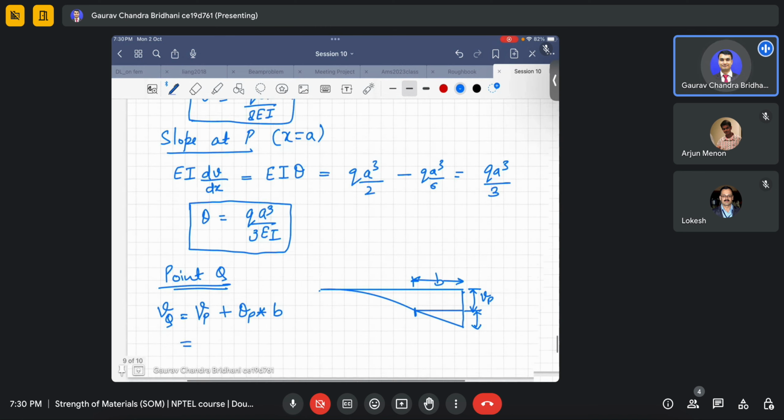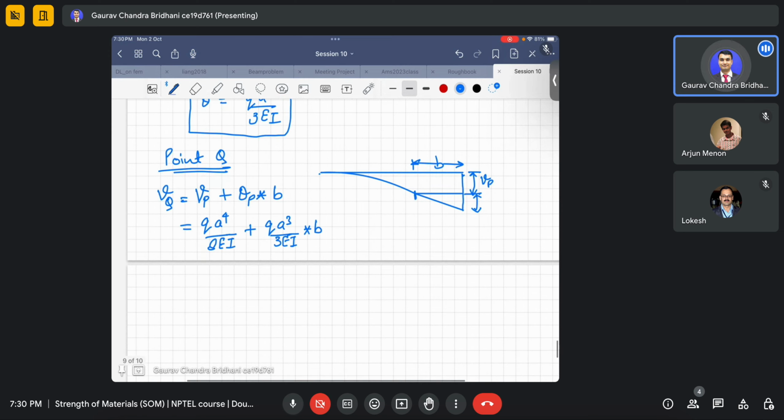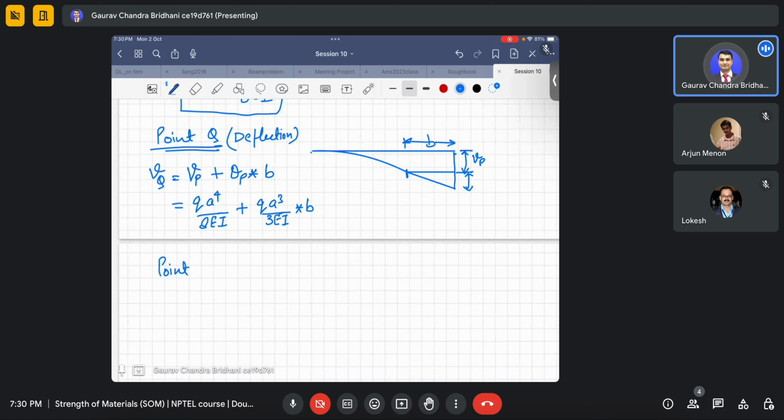VP is already known, Q e to power 4 upon 8 EI, plus this is Q a cube upon 3 EI into B. So this becomes VQ, and so this is deflection. Okay, and slope, as I told, it's a straight line.